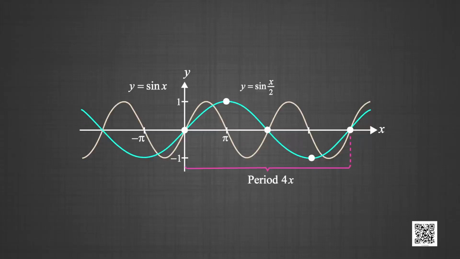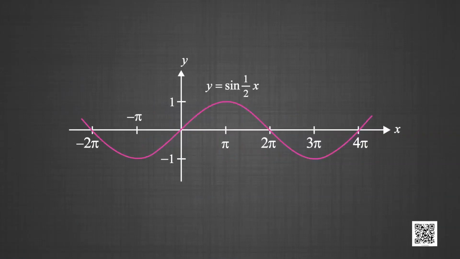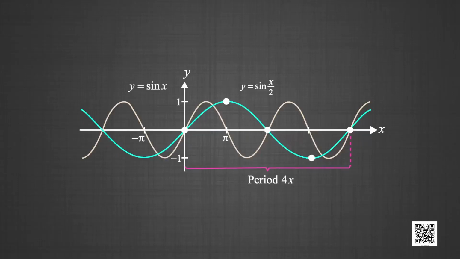We see that the effect is to shrink the graph horizontally if k is greater than 1, or to stretch the graph horizontally if k is less than 1. On these three graphs, we can see in graph 1 y = sin 2x, in graph 2 y = sin of half x, and graph 3 shows the comparison of these two graphs.